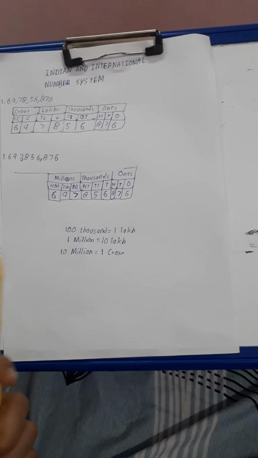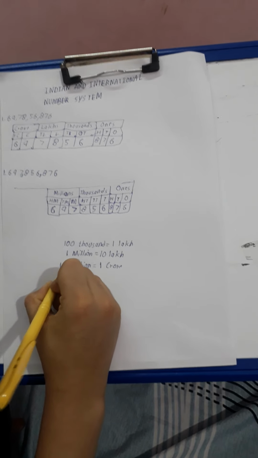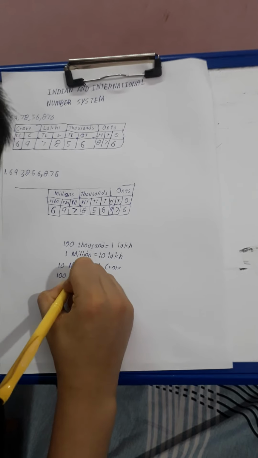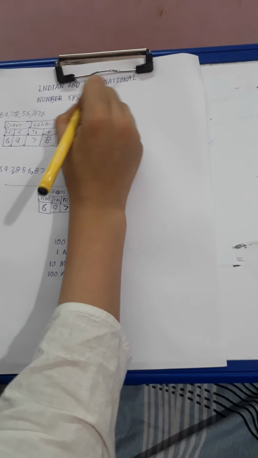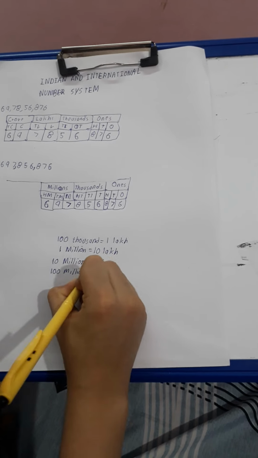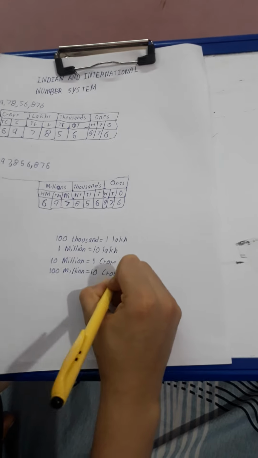So we have understood another thing that 100 million of international number system is equals to 10 crore of Indian number system.